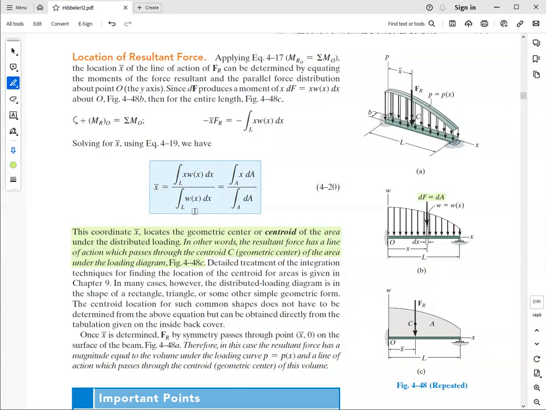The formula to go with is the moment of the infinitesimal force divided by this integral, which is essentially the resultant. That will give us the distance x-bar where I need to concentrate all these forces in order to have the same effect upon the supports of the body.